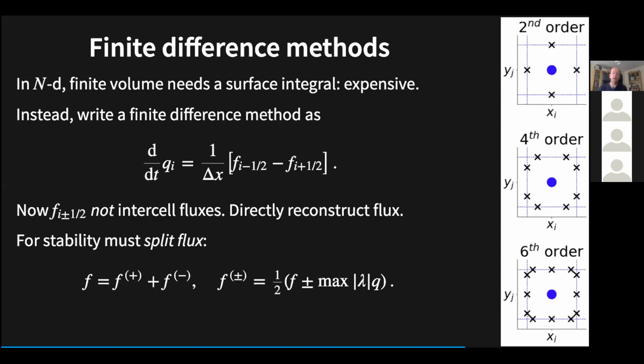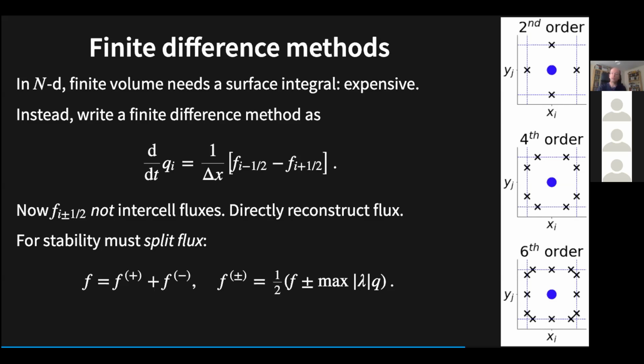In particular, there's information about the characteristics, the characteristic directions. So that means a naive finite differencing form is horribly unstable because it doesn't take into account which direction information is propagating in. So we would introduce Gibbs-like oscillations that rapidly kill the simulation if we just did something straightforward.